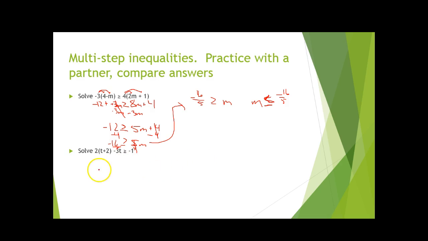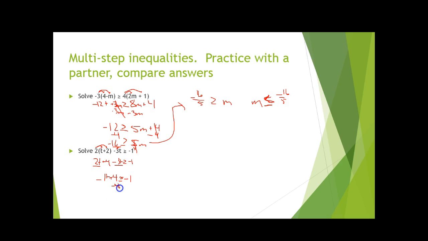Next problem. I have a lot of stuff going on, but the main thing is I have a distributive property to simplify. 2t plus 2 becomes 2t plus 4 because I distribute the 2 to the t and the 2. Bring the 3t down, bring the greater than or equal to sign and the 1, and then combine like terms. 2t minus 3t is negative 1t, plus 4 is greater than or equal to negative 1.